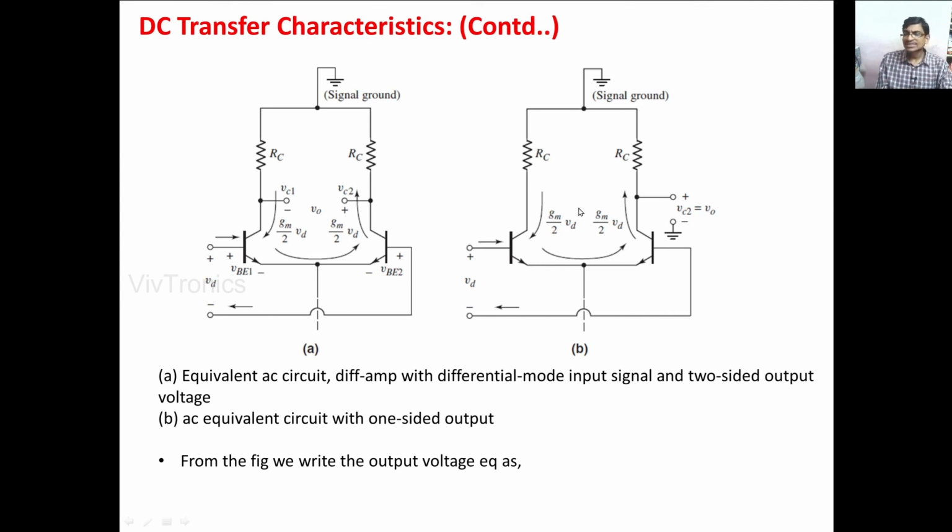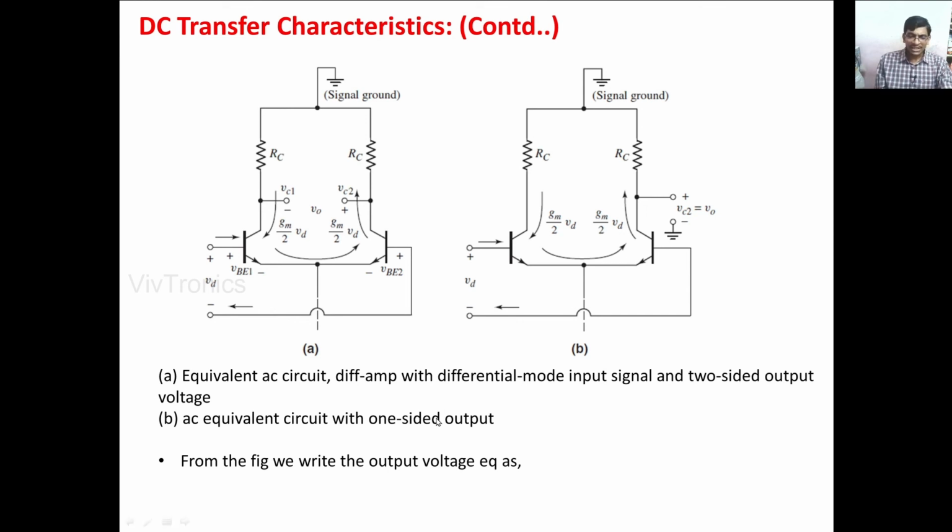In this case, we take the output voltage across only one collector terminal with respect to the ground. Here the output voltage will be equal to VC2 only. In the first case, the output voltage will be equal to VC2 minus VC1, the difference of the two collector terminal voltages.